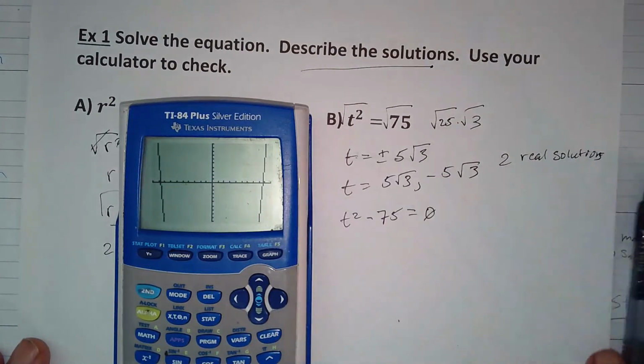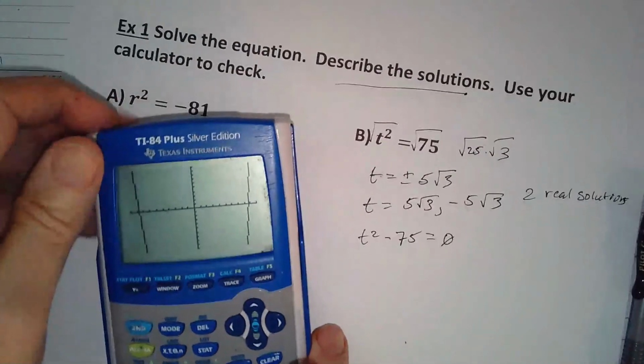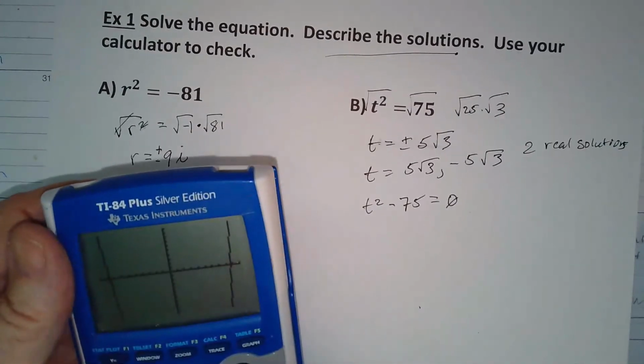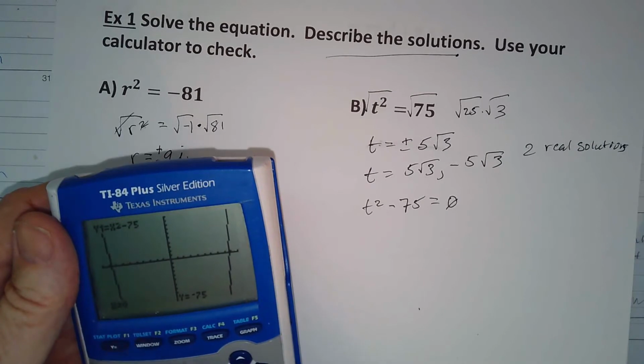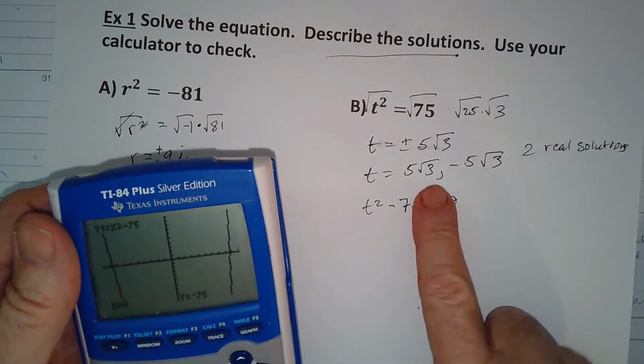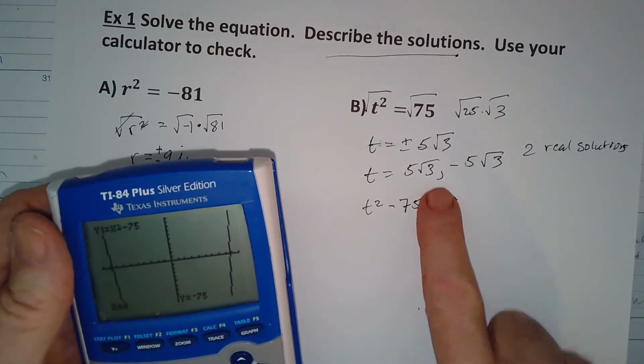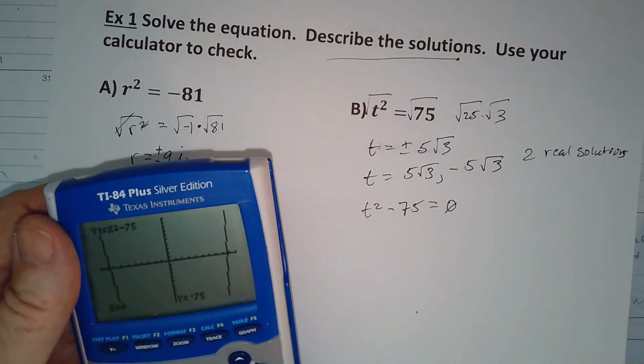All right, and just to check those two solutions, really all we need to do is go to trace. So you'd hit the trace button here, and then you would set your x. These are x values, right? Let's just set one to 5 square root of 3 and see what happens.